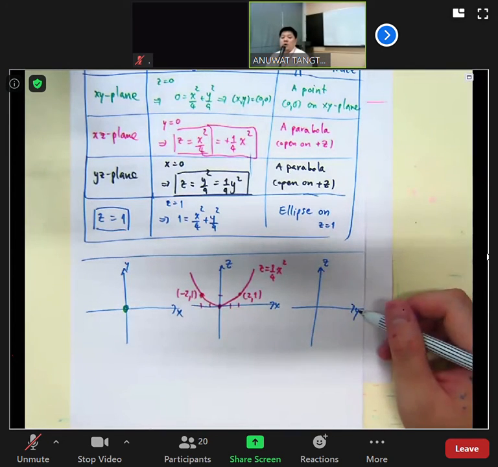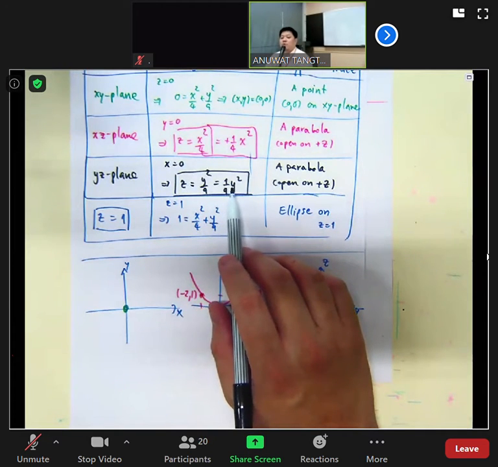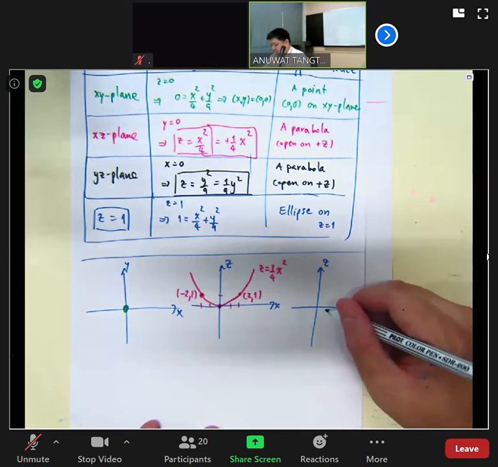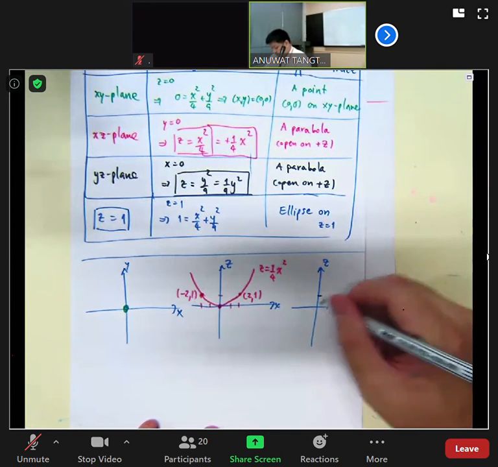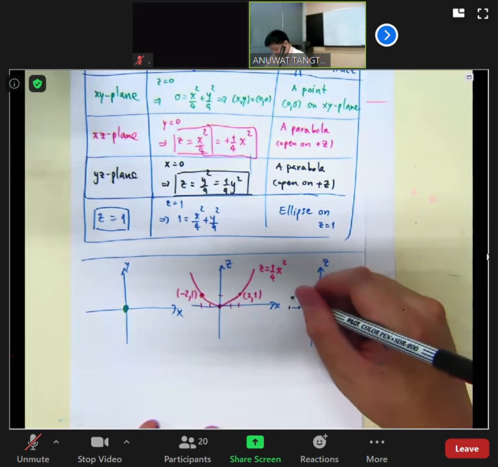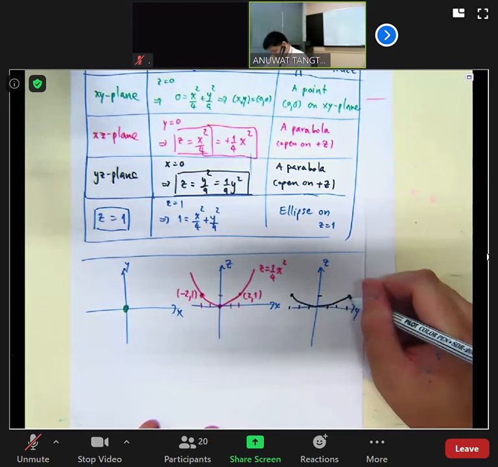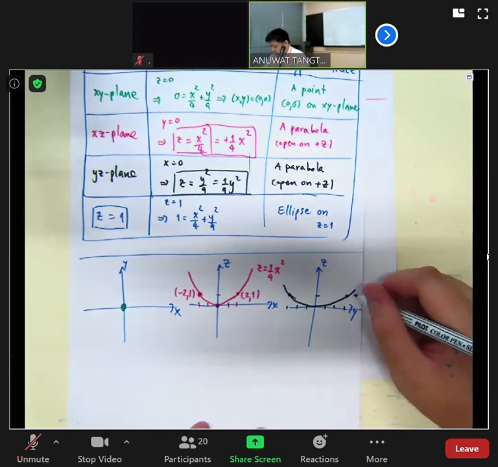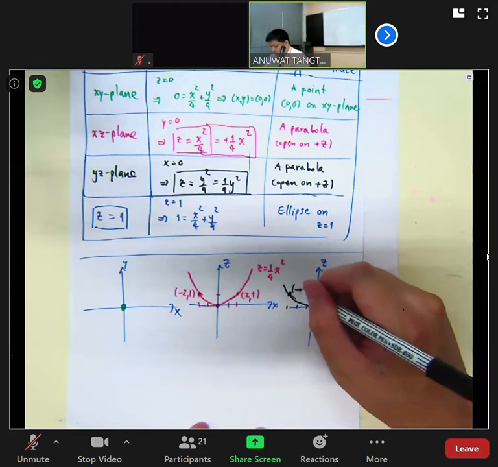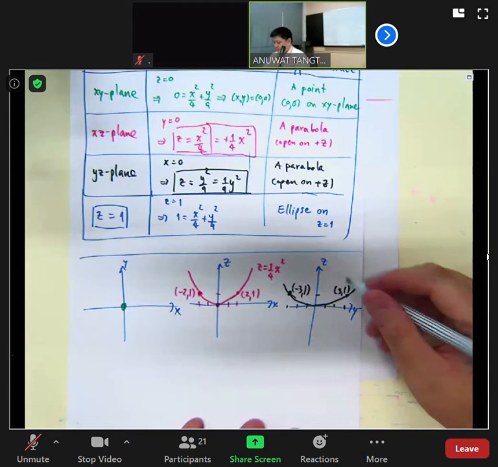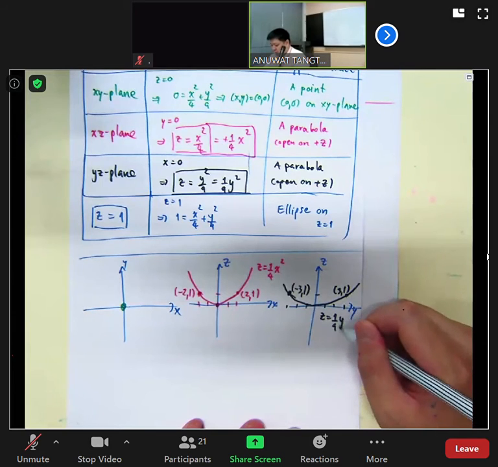Now, another one on the yz plane, we have this: when y equal to 3, then z equal to 1, so it passes through the point 3, 1. So this is the point 3, 1, this is the point minus 3, 1. And this equation would be z equal to 1 over 9 y squared.